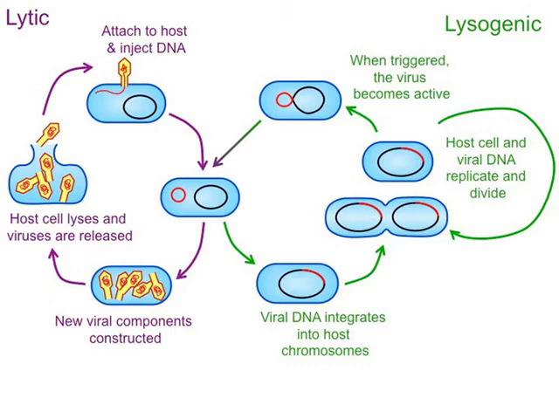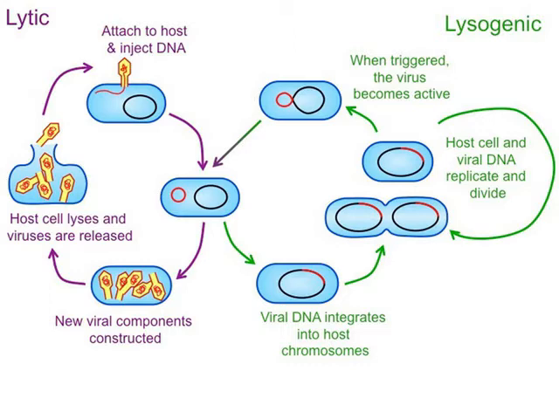So when somebody gets infected with HIV, that virus then injects its DNA into the cell, where you can see, at the top there where it says lytic, and then it says attached to host and inject DNA. So the virus will then come in, insert its DNA into the cell, but once it goes down into the middle there, you see that red circle and the black circle.